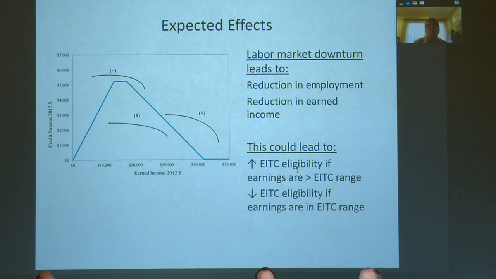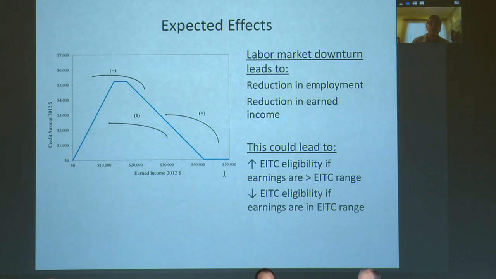So what do we think should happen with the EITC? This chart here is showing you earned income along the x-axis and the credit amount in 2012 along the y-axis, okay? So if there's a labor market downturn, we expect people's employment to go down and their earned income to go down.